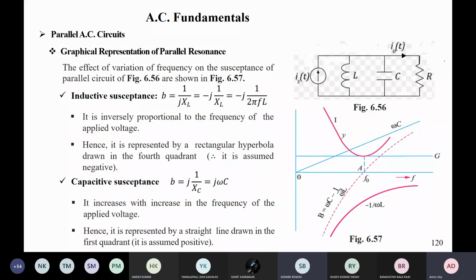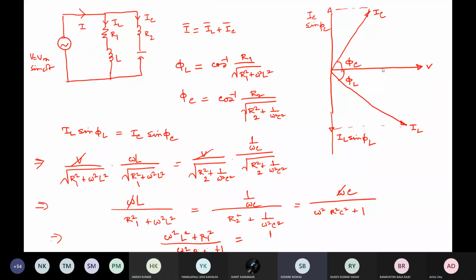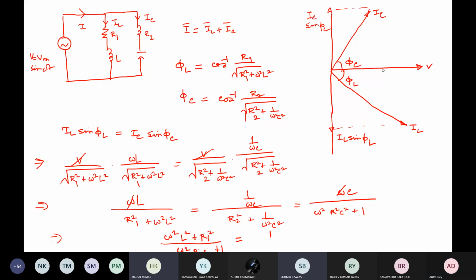Sir, one doubt. Sir, in the rough work, can you show the previous slide? Doubt is there, sir. Yes, sir, the previous slide. Actually there is a delay. I'll just do one thing.